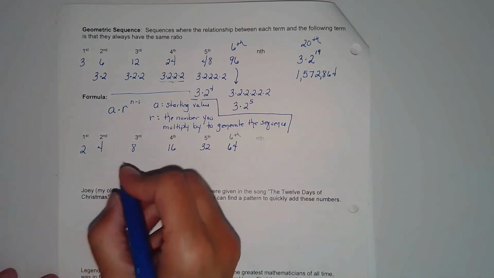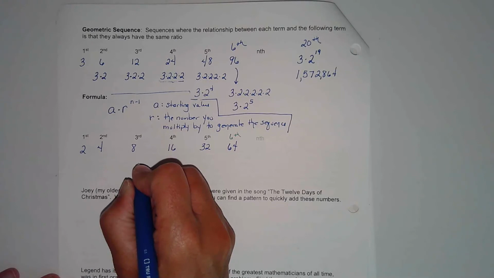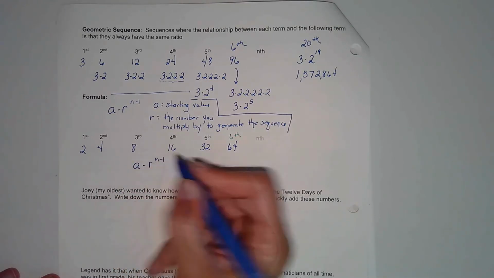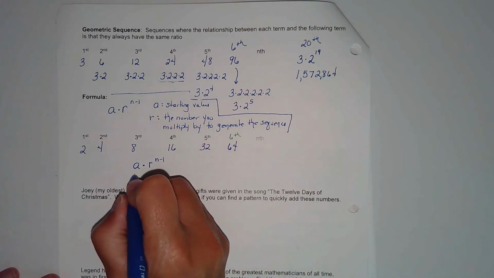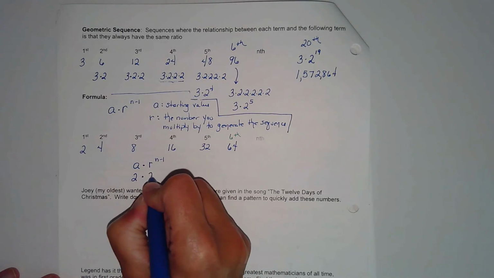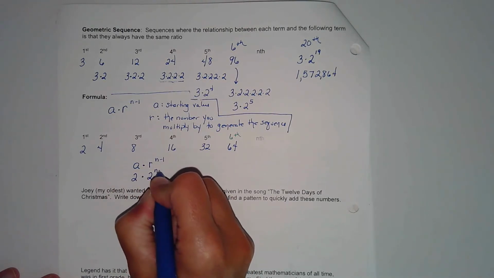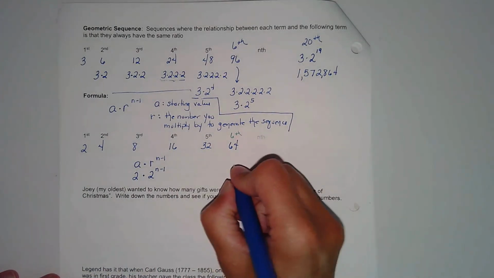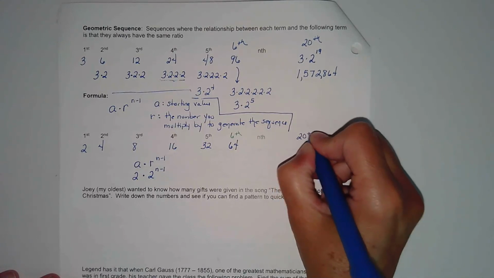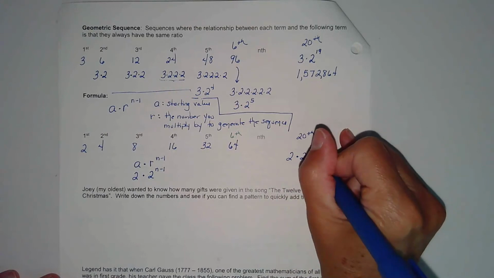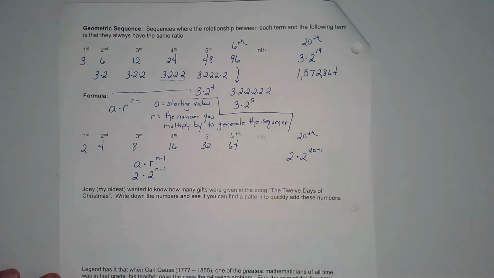So the formula is A times R to the n minus 1. Let's fill it in. It'll be 2, our starting value, and then we're multiplying by 2 each time, to the n minus 1. If I said, what's the 20th term? It would be 2 times 2 to the 20 minus 1.